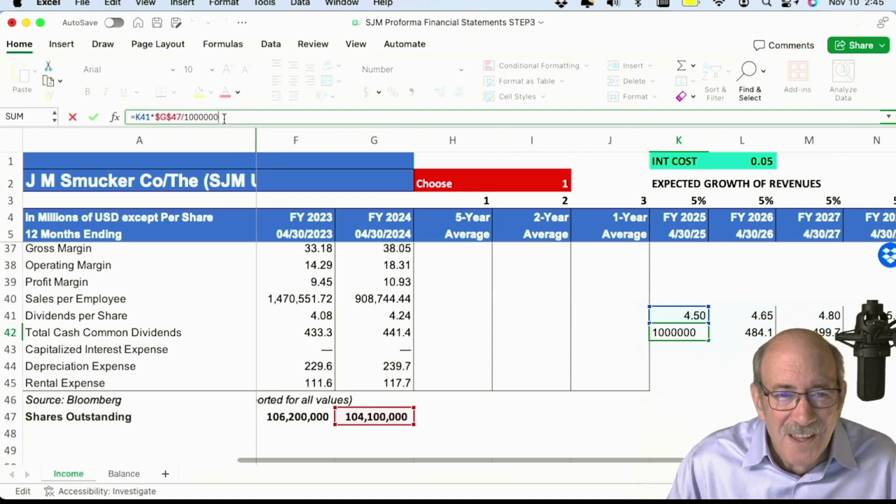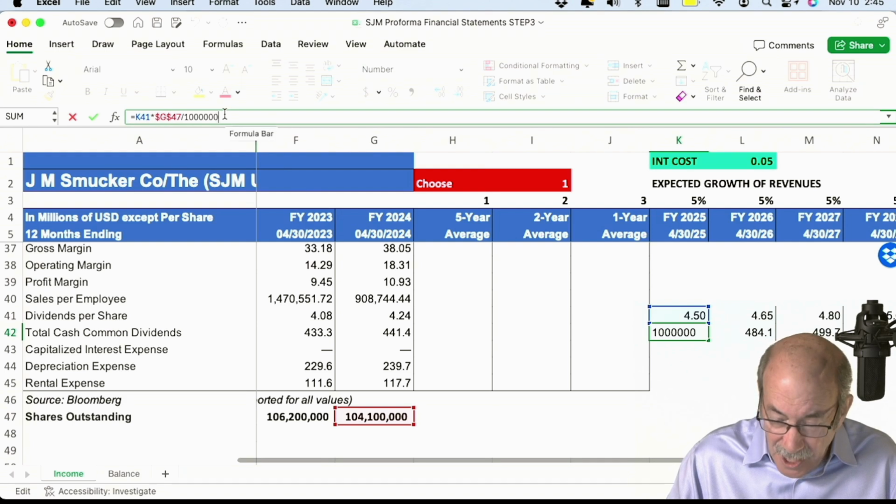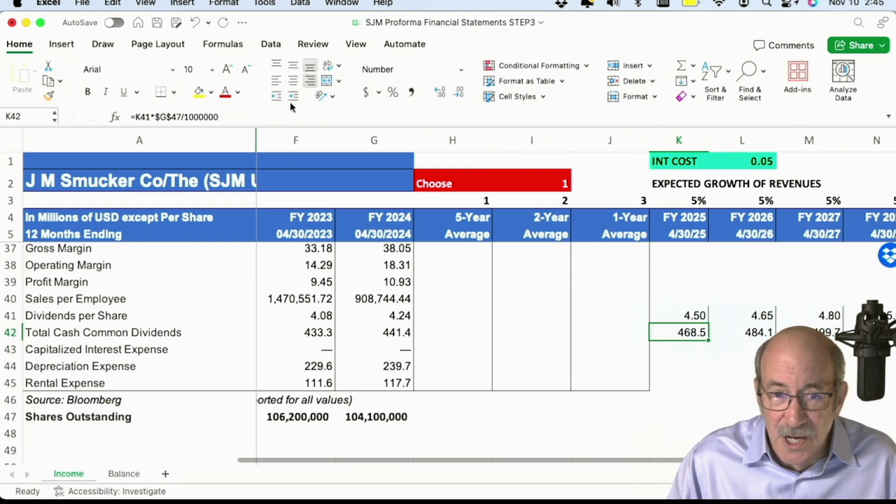So sorry. So I've got my formula. I've got the number of shares outstanding times the dividend per share, and then I'm dividing that whole thing by 1 million to get it back into scale. So that means that I have an aggregate dividend payment of $468.5 million for fiscal year 2025.